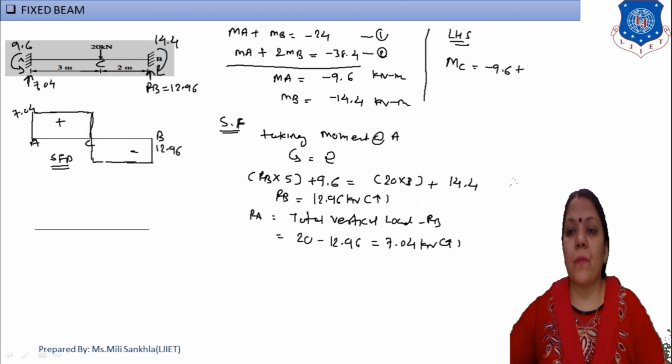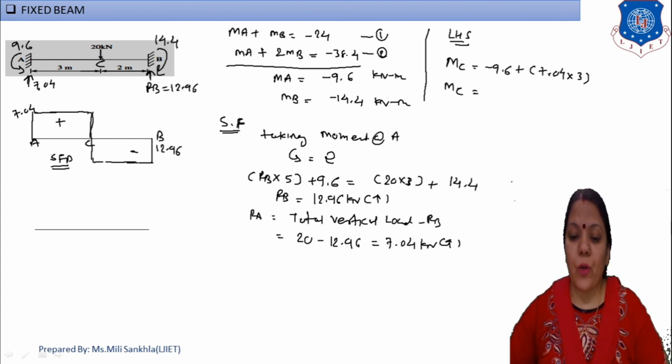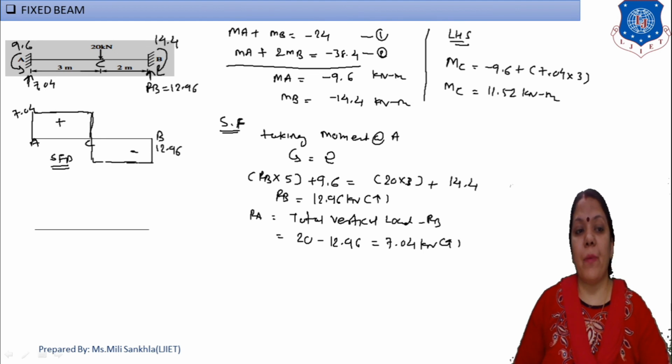So my moment at C is equal to 11.52 kilonewton meter.